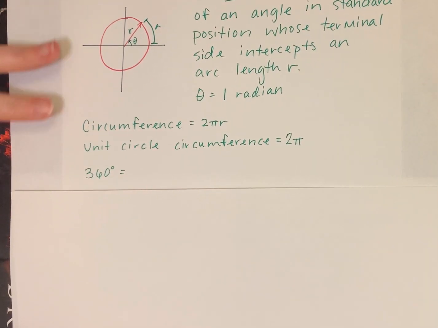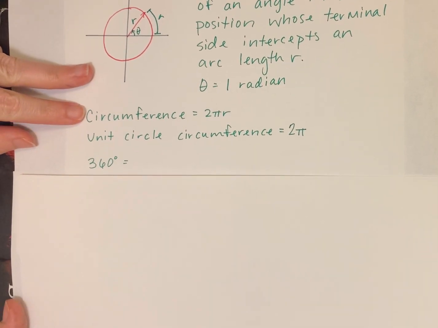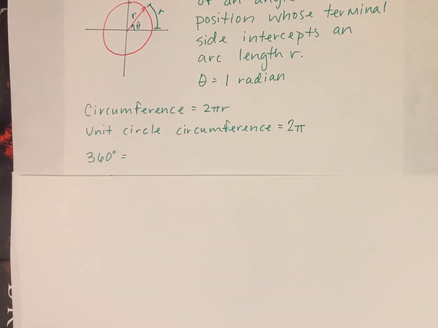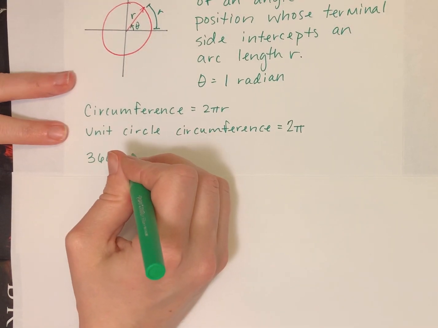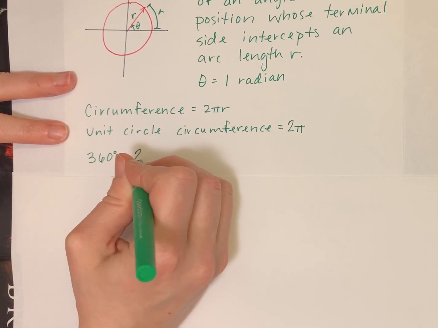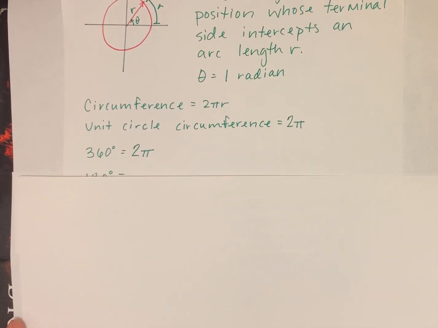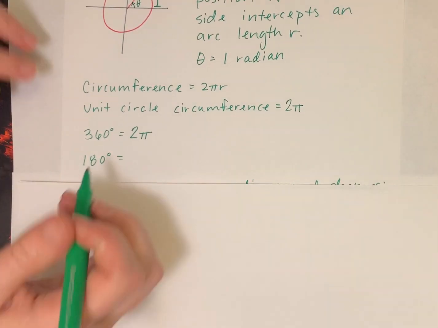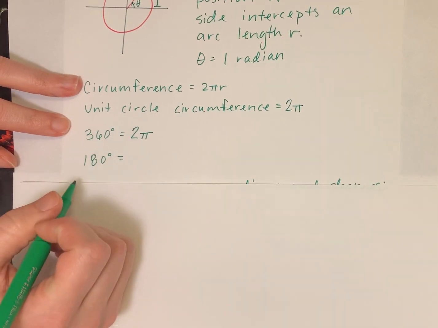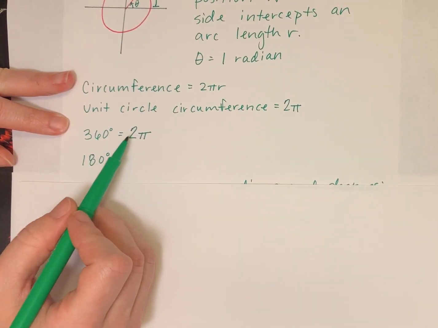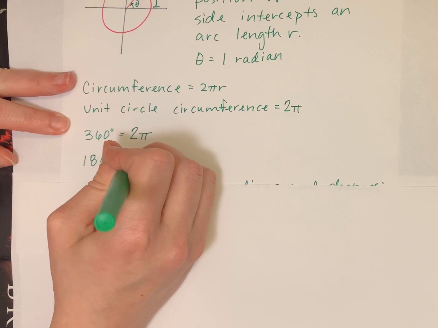So we have to think about how this is related to degree measurements. So 360 degrees is all the way around, and that's equal to, in radians, 2 pi. 180 degrees is halfway around, so that would be equal to half of this, so that would be pi.